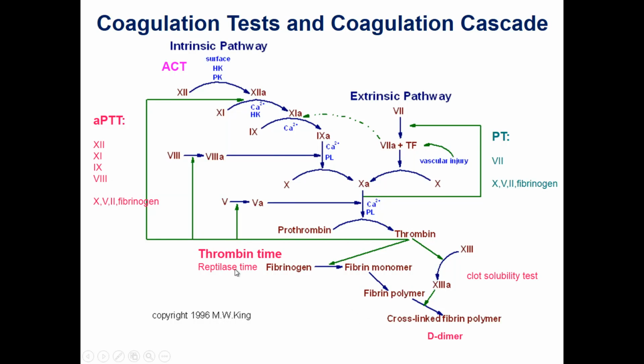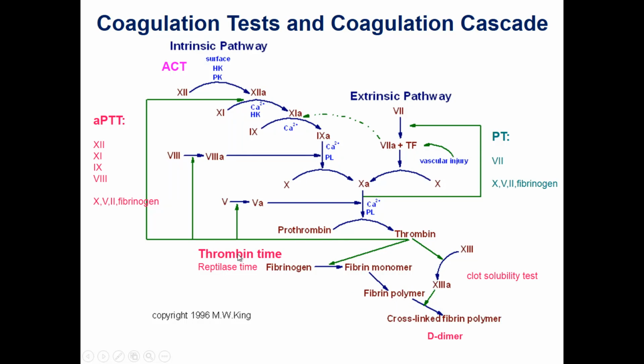So ultimately, activation of coagulation either through the intrinsic pathway or the extrinsic pathway results in generation of thrombin. Thrombin cleaves fibrinogen to fibrin monomers. These are cross-linked by factor 13, resulting in a cross-linked fibrin polymer.